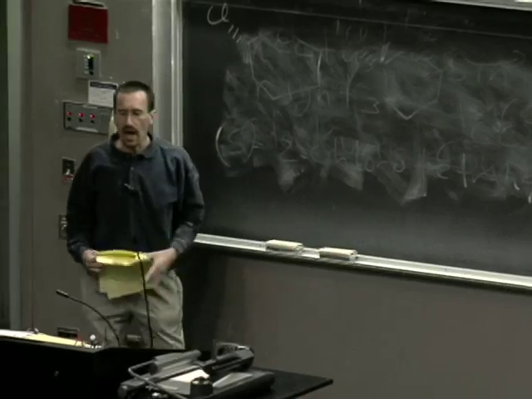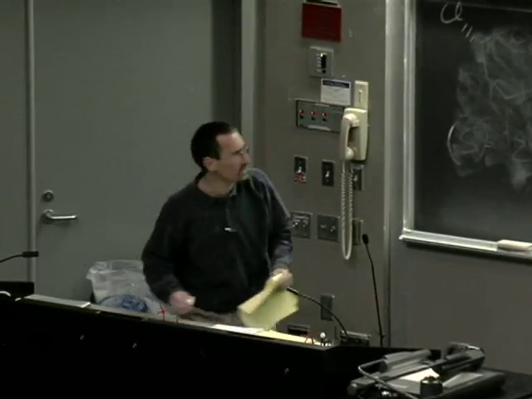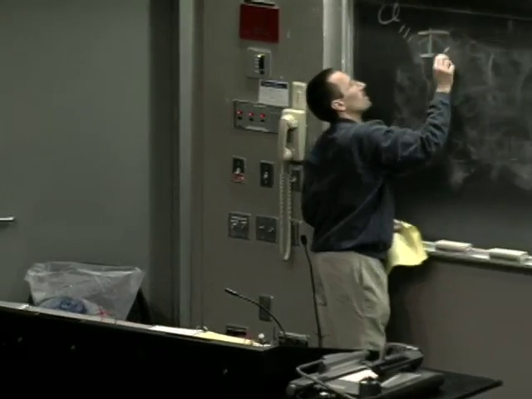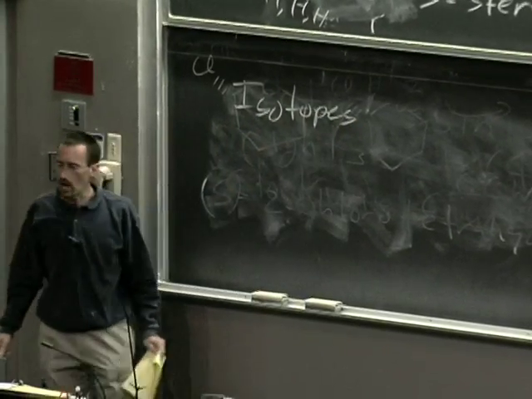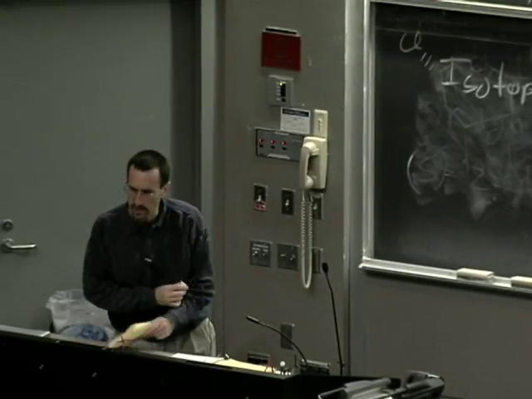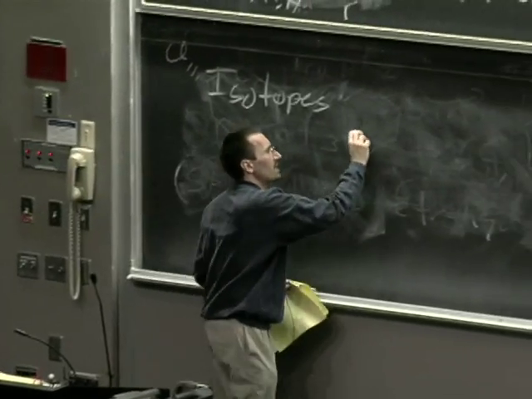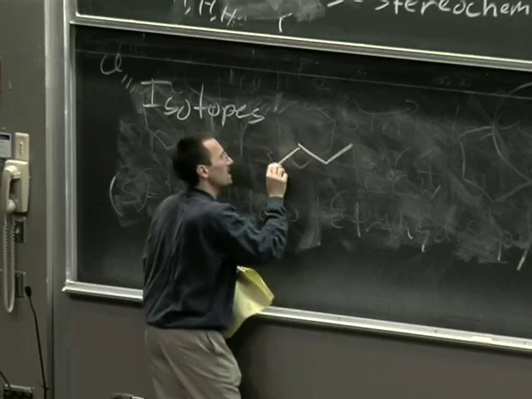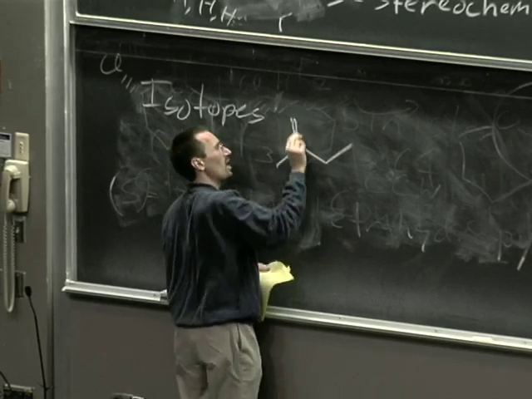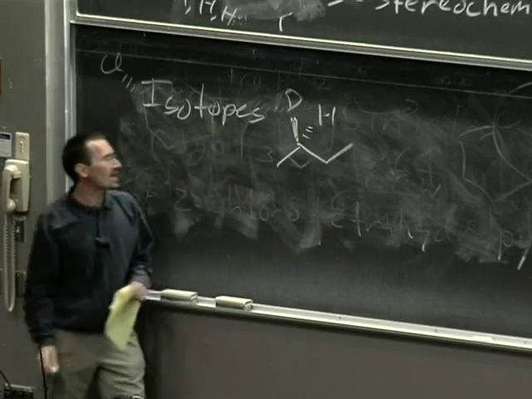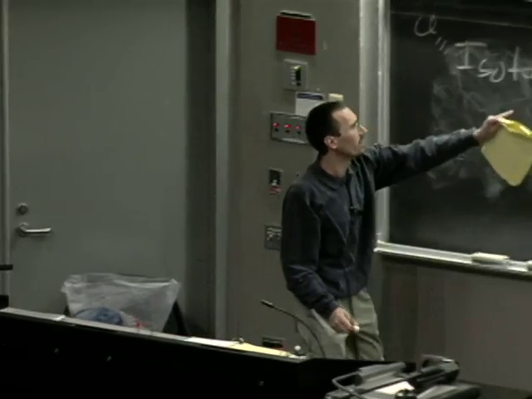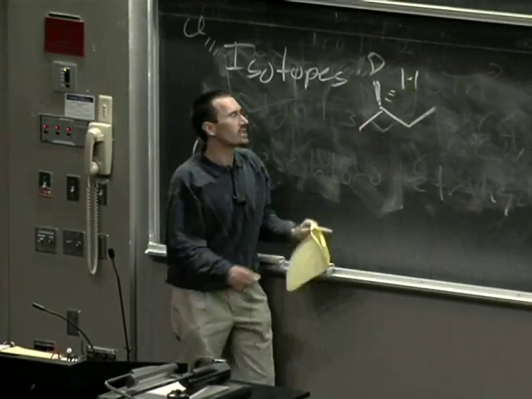All right, when you have 2 isotopes, and almost invariably we're talking hydrogen and deuterium here, you can also have a tetrahedral stereogenic center. So I'll give us one example where now we have 2 isotopes of hydrogen attached to 1 carbon. One of them is deuterium.